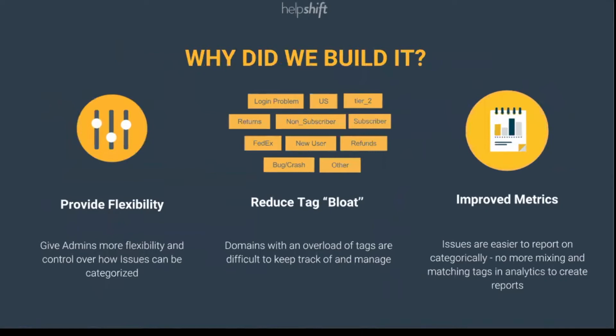This wasn't just a pain for the admins, but it was also a pain for the agents as well, because they're the ones that were responsible for remembering all the different tags. In addition to that, classifying and reporting on issues with tags alone could be difficult and time-consuming. Routing based on tags required very specific logic that wasn't always easy to read or understand, depending on what you were doing. So to better help our customers eliminate these types of issues, we created custom issue fields.